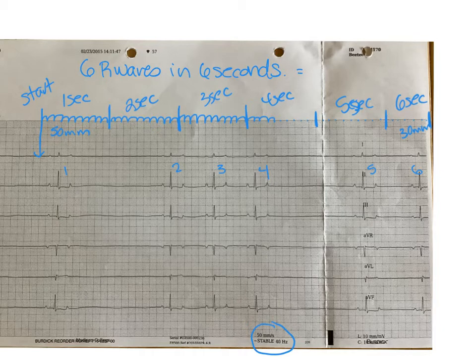This is simply saying that if I had counted an animal's heart rate for 6 seconds, the heart beats 6 times in those 6 seconds. So we take those 6 heartbeats, which were the same as the 6 R waves, and multiply by 10, because there were 6 in 6 seconds. 6 times 10 is 60, and this gives us 60 beats per minute. So this animal's heart rate is 60 beats per minute.